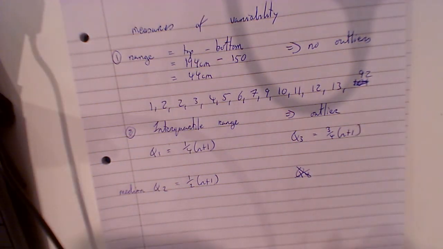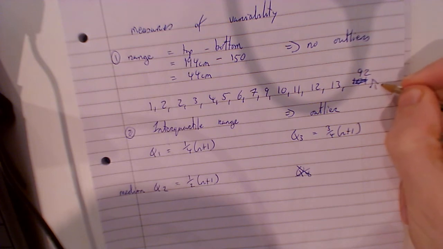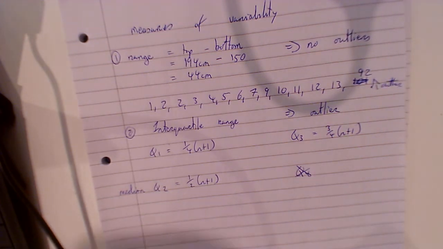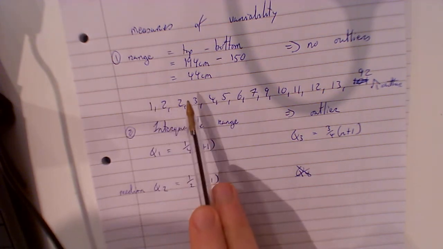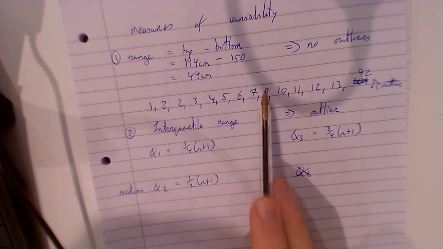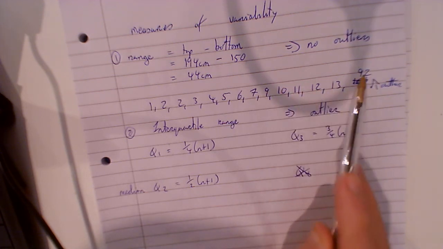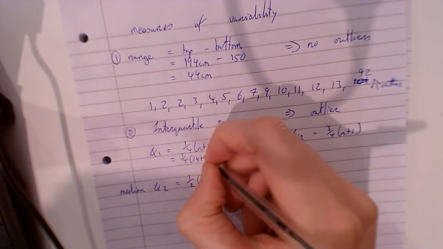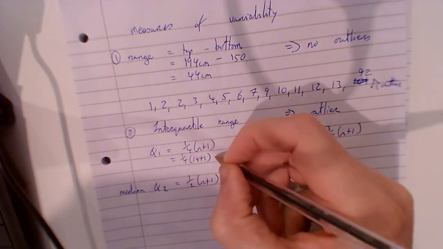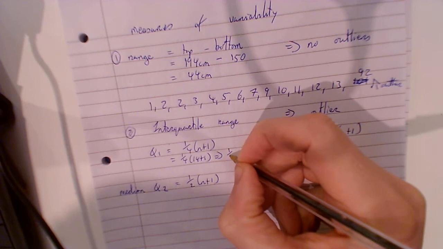So 92 is our outlier. So we optimally use interquartile range. Now, n represents the number that it is: 1, 2, 3, 4, 5, 6, 7, 8, 9, 10, 11, 12, 13, 14. So a quarter of 14 plus 1, well, that is a quarter of 15.